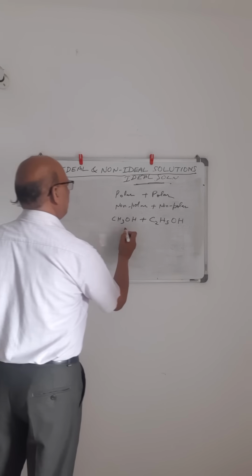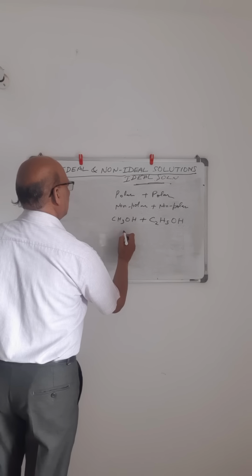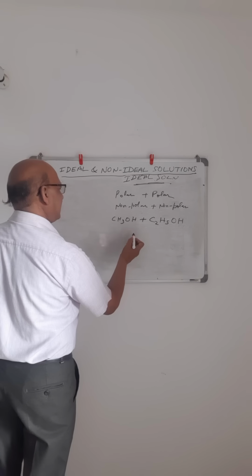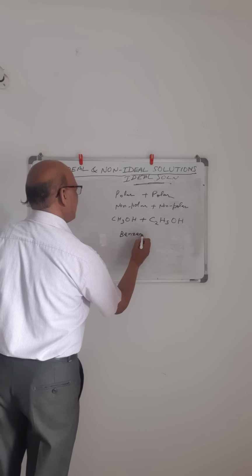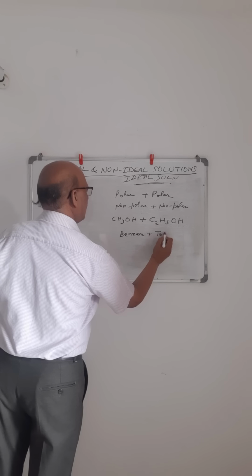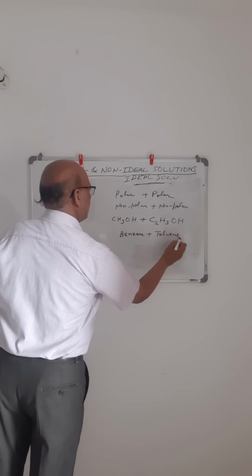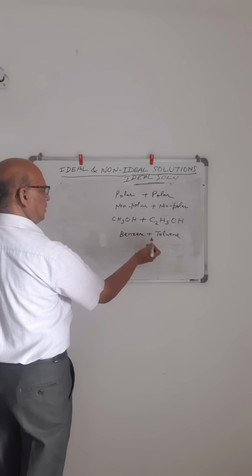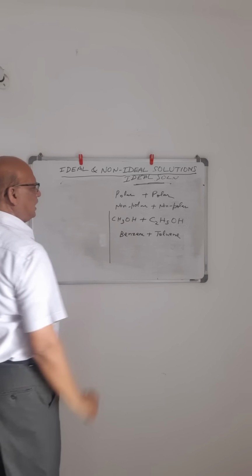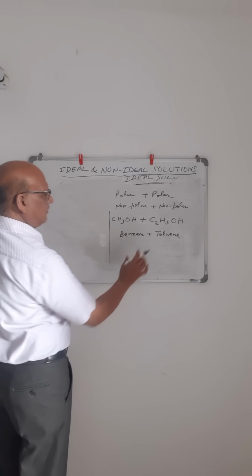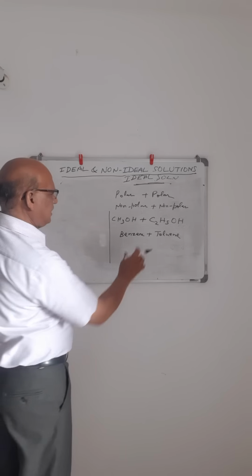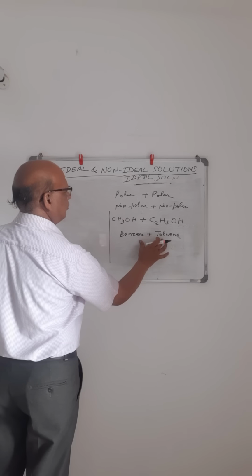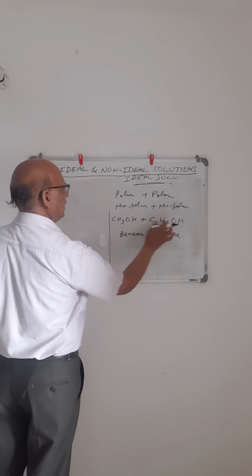Okay, and suppose I take two non-polar molecules, then also, like say I take benzene plus toluene. So both are non-polar, so they will make an ideal solution. And the difference in their molecular masses is also not very high because they are just adjacent in a homologous series, like your methanol and ethanol.